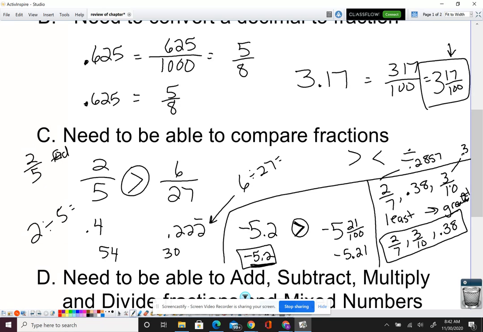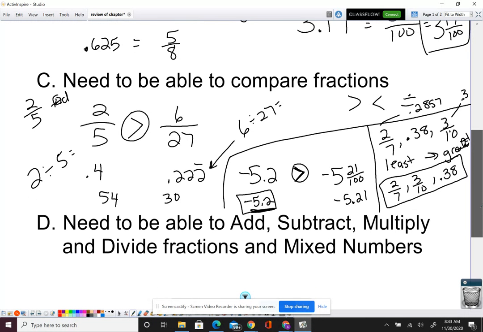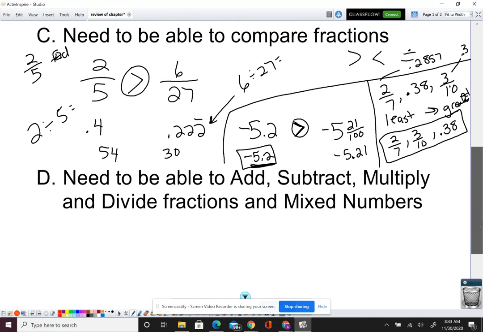Make sure you're going least to greatest, or watching the direction of what they want. They may say greatest to least, but more than likely it's going to be least to greatest. So you have to be able to compare decimals and fractions.